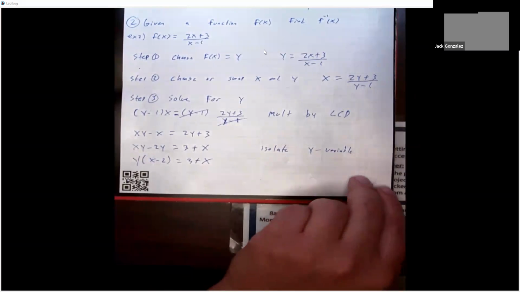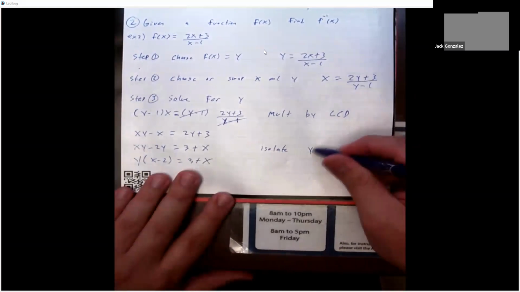Are you guys cool with these first few steps? It's not weird. You said isolate y what? Y variable. You just say isolate y, whatever. I don't have to be fancy.